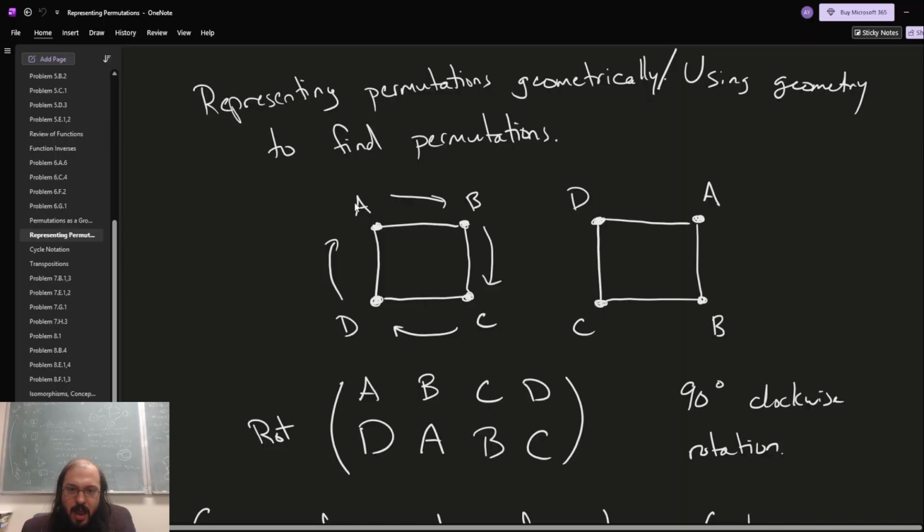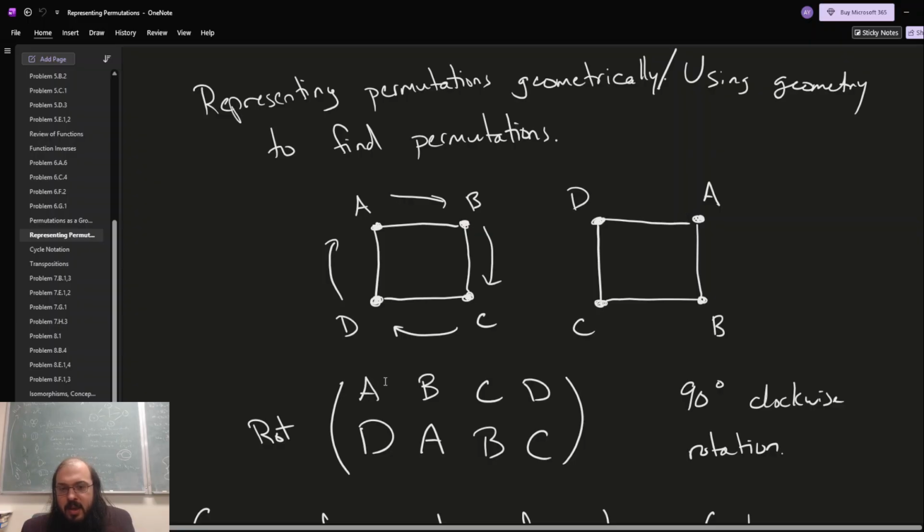We see where A was, D landed there. Where B was, A landed there, and so on. So we have the input vertices and the corresponding output vertices, which are the vertices that land in the position that vertex came from. Now, to be clear, you don't really have to write them this way. We could just as well have said A goes to here, and that's where B used to be.